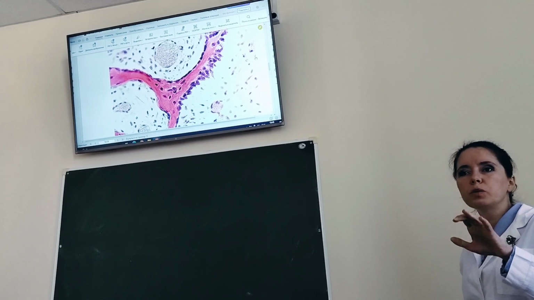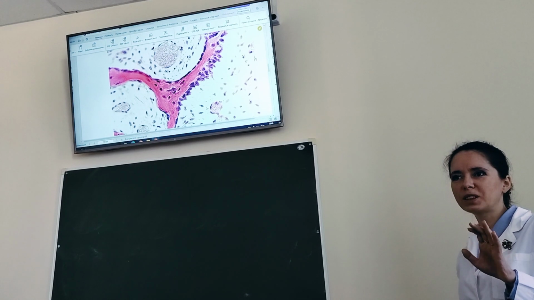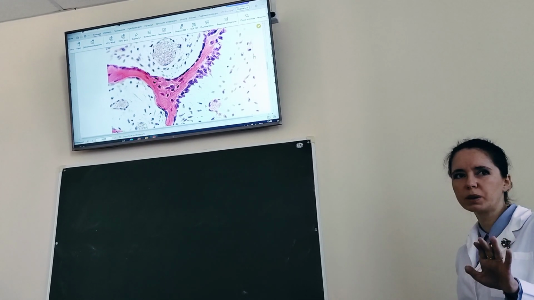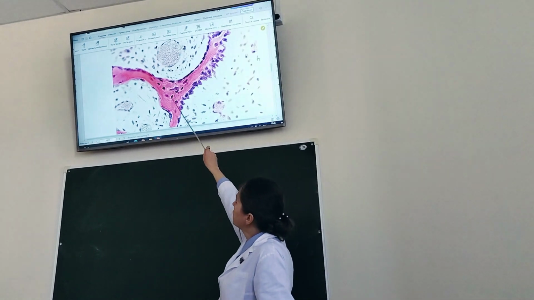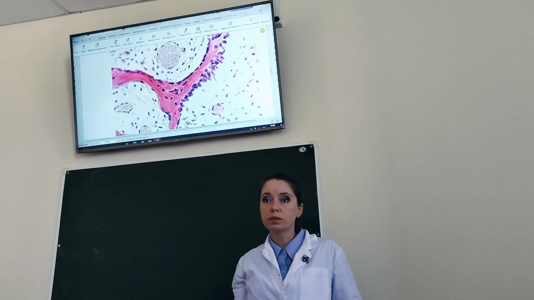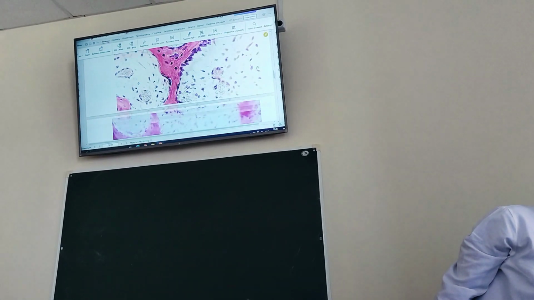It would be perfect if you say they are columnar basophilic cells arranged as a single layer. You remember this, we discussed it. And inside, I can see differentiating osteocytes.